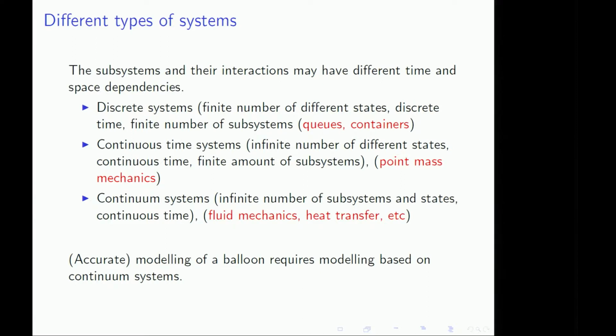But still we have only a finite number of subsystems, so the system cannot be divided into infinitely many subsystems of importance. A typical example is point mass mechanics, where we have a finite number of structural components that are rigid bodies, but they move continuously. So a moving skeleton and so on.